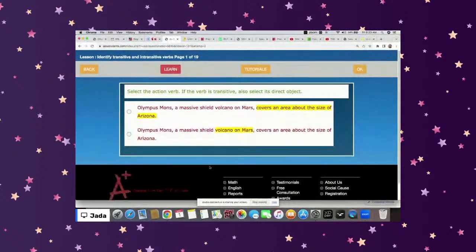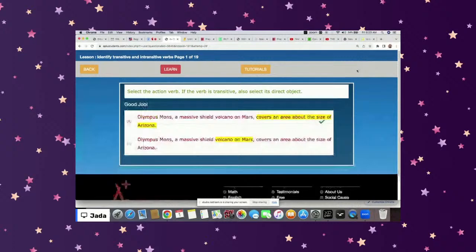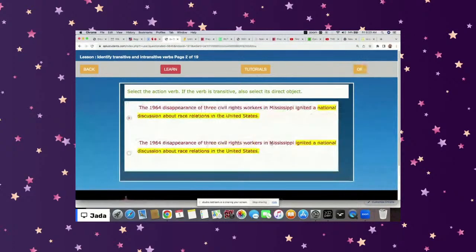Olympus Mons, a massive shield volcano on Mars, cover an area about the size of Arizona. Olympus Mons, a massive shield volcano on Mars, covers an area about the size of Arizona. Okay, let's see. Great job. Then this next one.